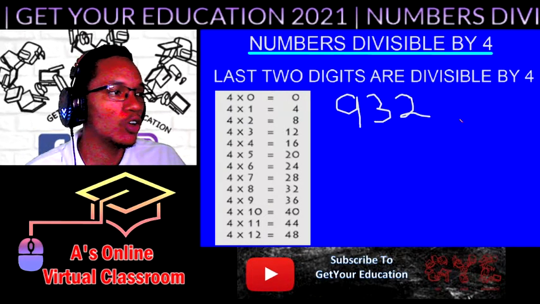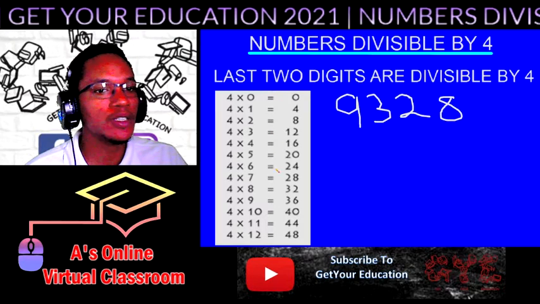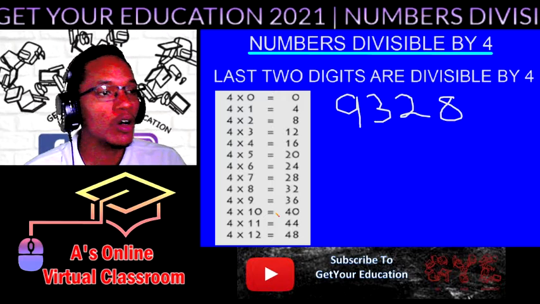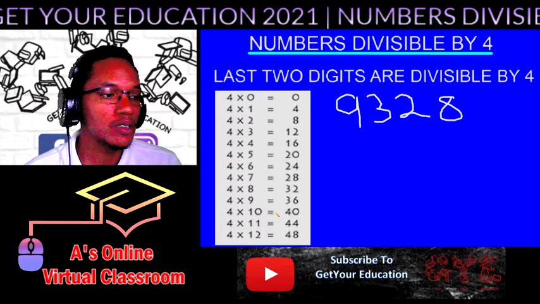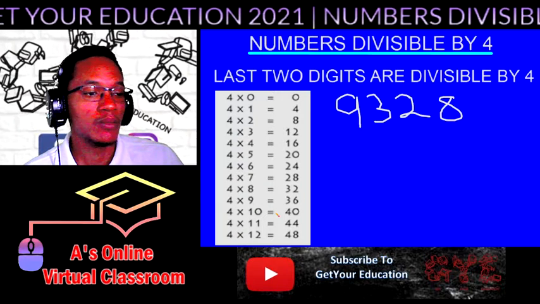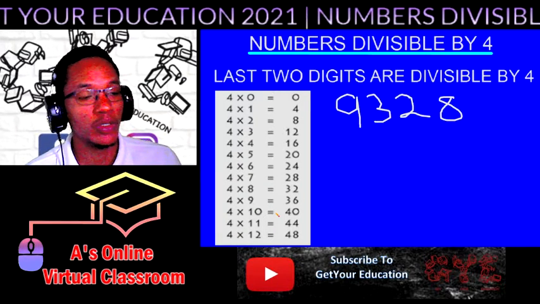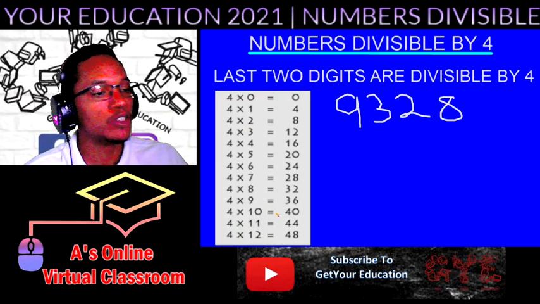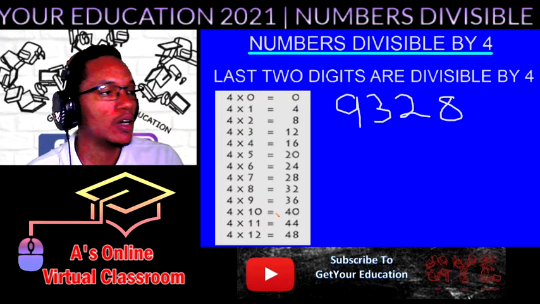We're talking about long numbers, and of course we're going to need to know at least up to our 12 times tables, our 4 times tables. Knowing the others all the way up to 25 will be a lot more beneficial to you, but knowing up to 12 will still get you far.